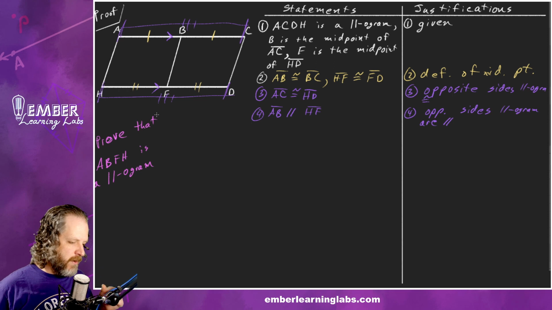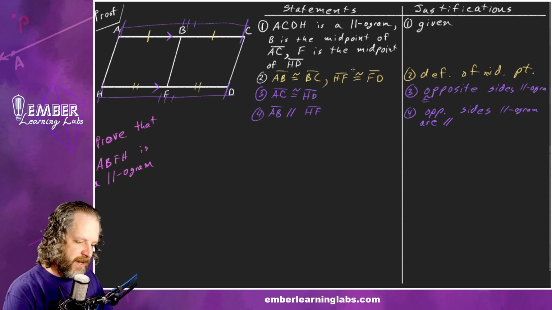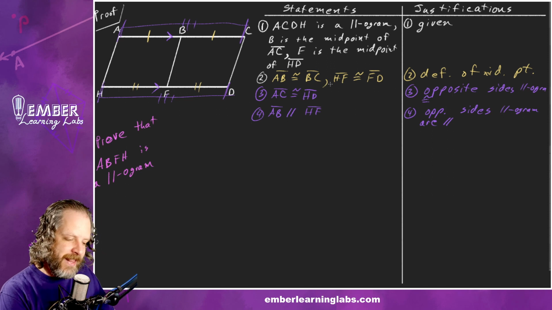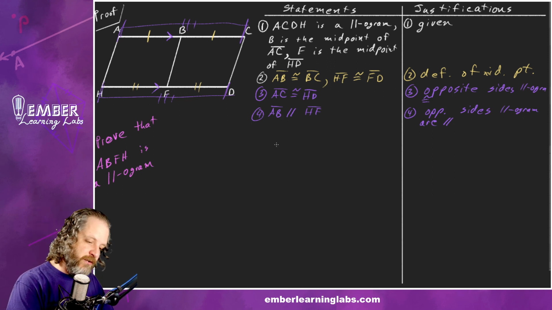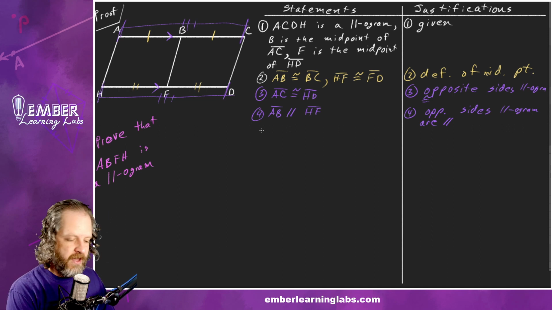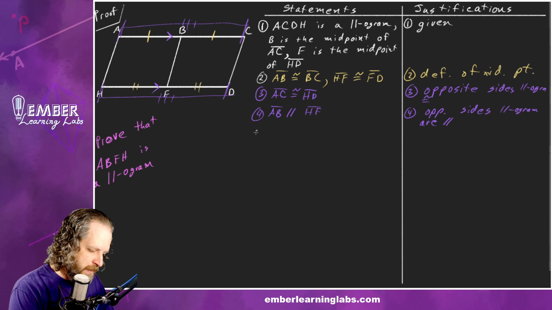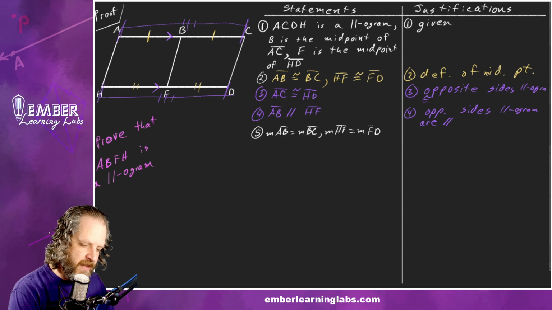Now we're starting to dive into all the little things. We've got all the little congruents. Let's turn these congruents into the measure ofs and equals and all that stuff, so that we can use them in the other things. Let's go ahead and do that little housekeeping bit. So step 5 is going to be the measure of AB equals the measure of BC, the measure of HF equals the measure of FD.